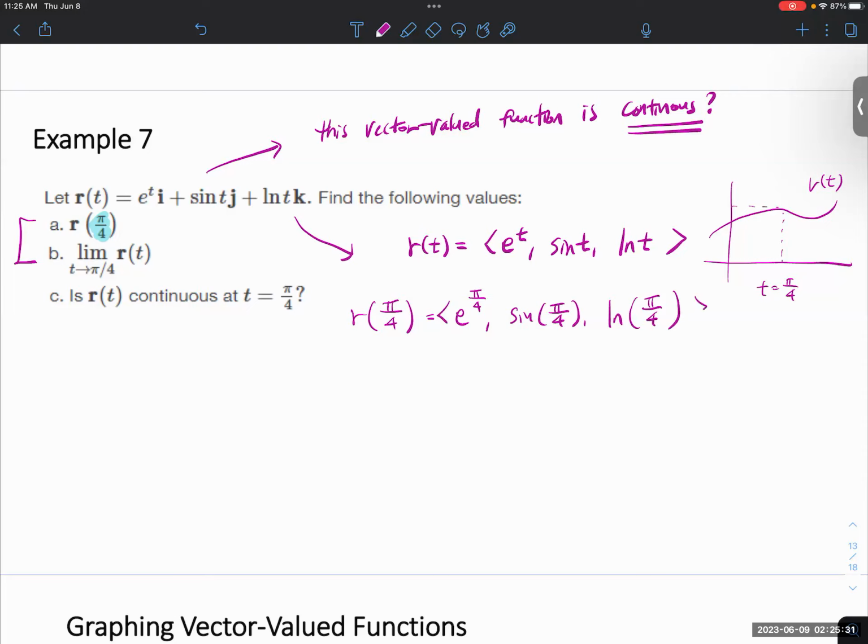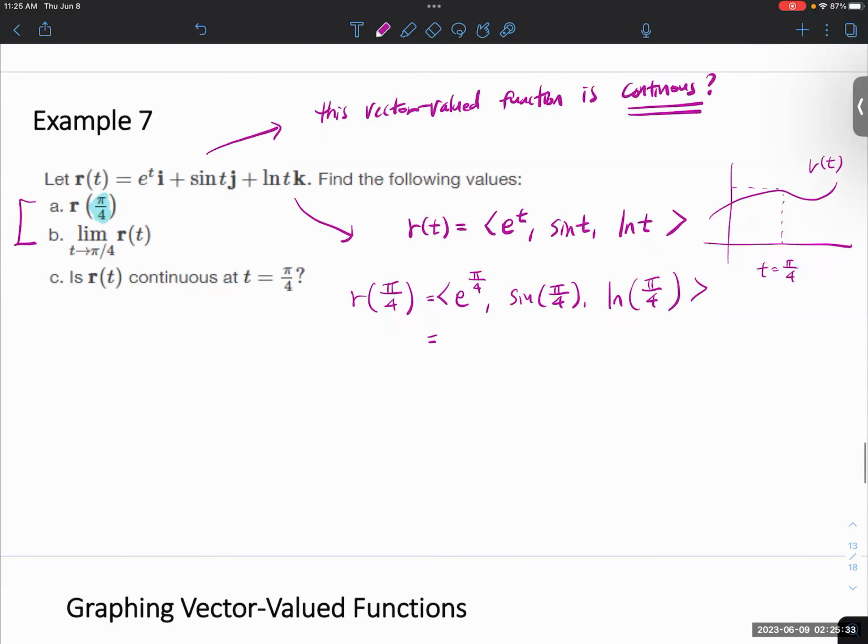You can use decimals. That's okay. So this is 2.19, comma, 1 over radical 2, and negative 0.24. This is the outcome when t is pi over 4.